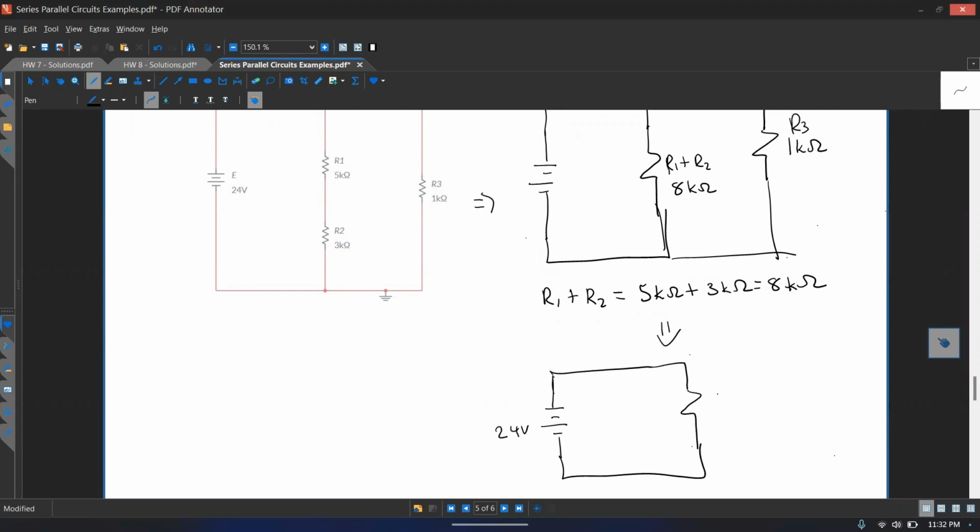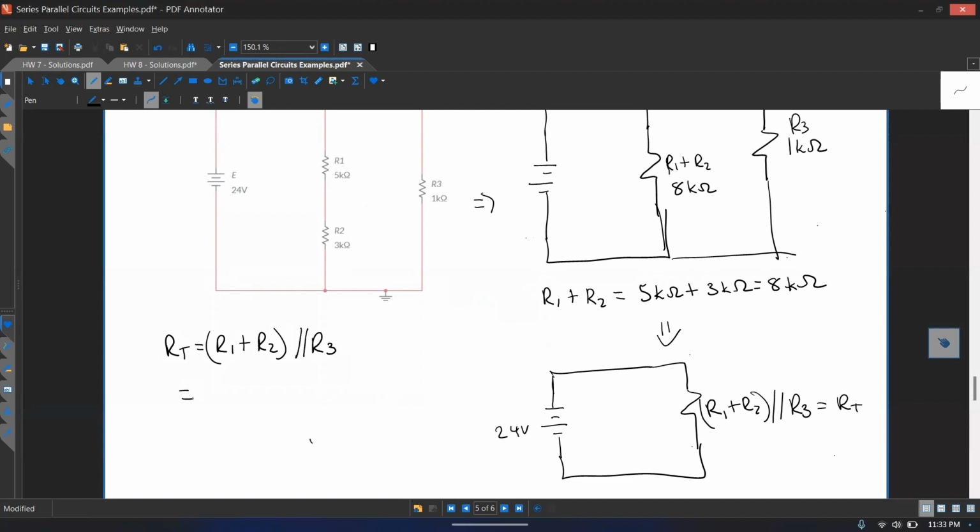All right, and so let's go and add those in parallel. So this will be R1 plus R2, which is in parallel with R3. And so R total is going to equal R1 plus R2 in parallel with R3.